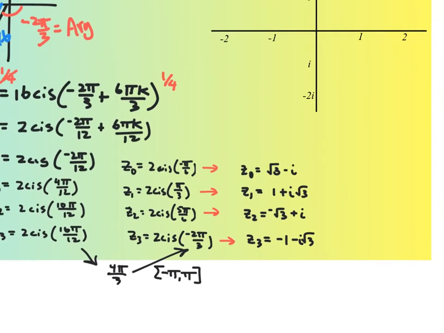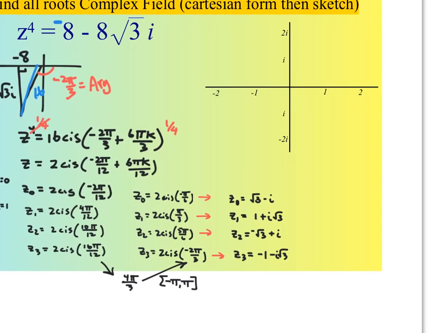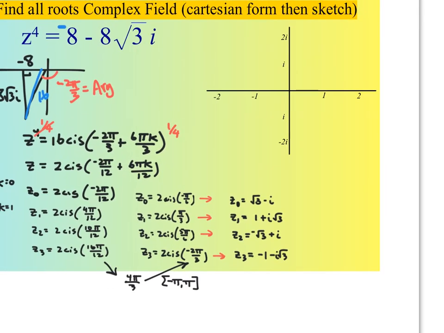Okay, so an Argand diagram, as you can see here, is a sketch of those roots. And you'll notice that on an Argand diagram I have an imaginary axis and a real axis. So that means an Argand diagram requires us to have this in the Cartesian form. Okay, so z sub 0 would be at root 3 minus i, which would be right about there.